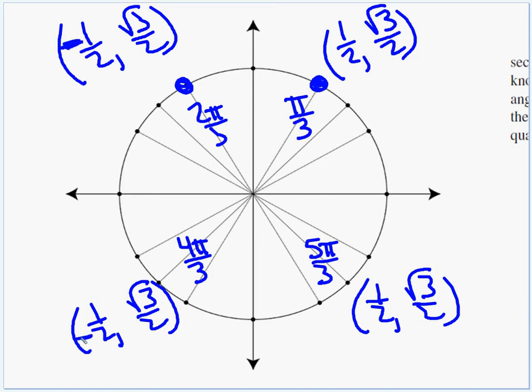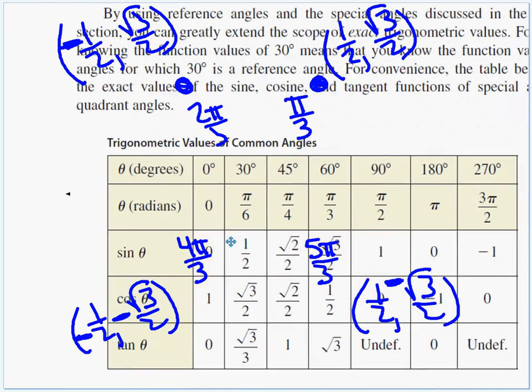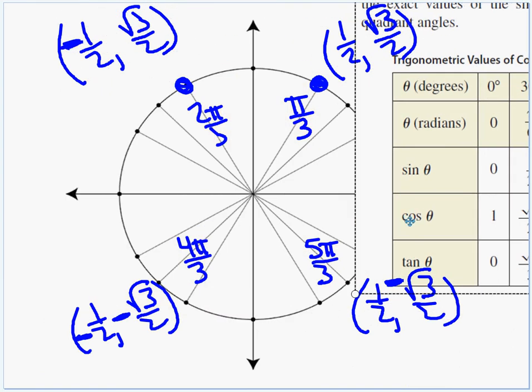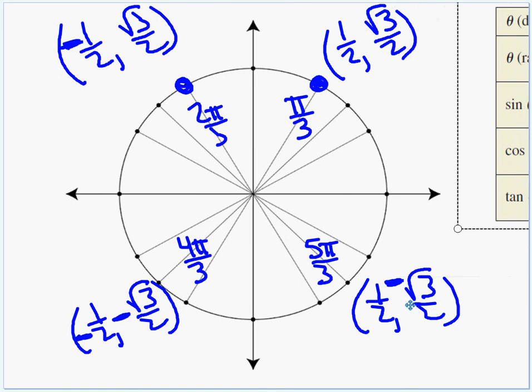In quadrant 3, x and y are both negative. In quadrant 4, the x is back to positive, but the y value stays negative. So there are the final angles of our unit circle. And again, these just all come right off the reference angle table, and we figured out based on the quadrant that some things are going to be negative in different quadrants.